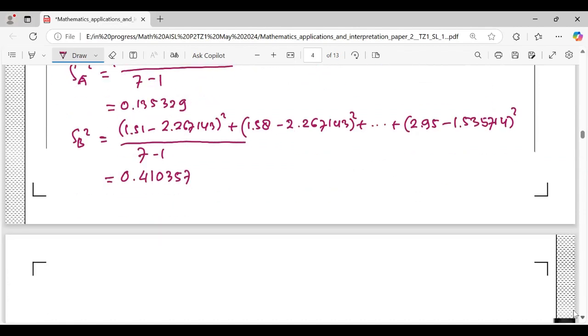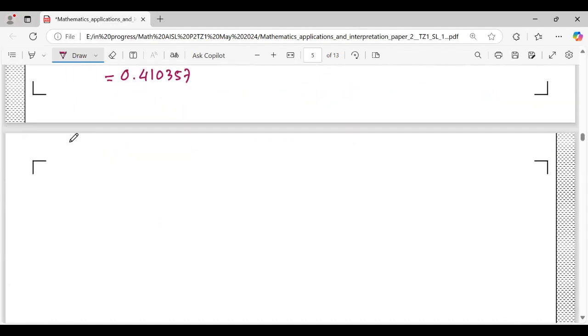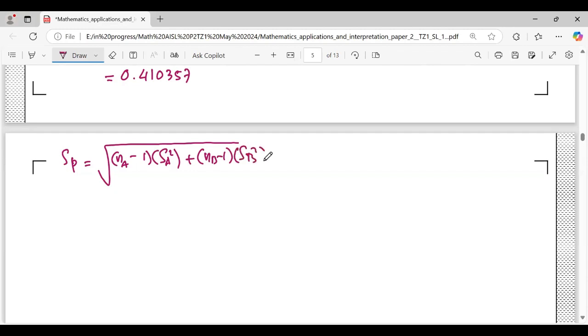So the pooled standard deviation of the population is equal to the square root of the formula: (nA minus 1, and nA is 7) times SA squared, the standard deviation of A, plus (nB minus 1) times SB squared, over nA plus nB minus 2.